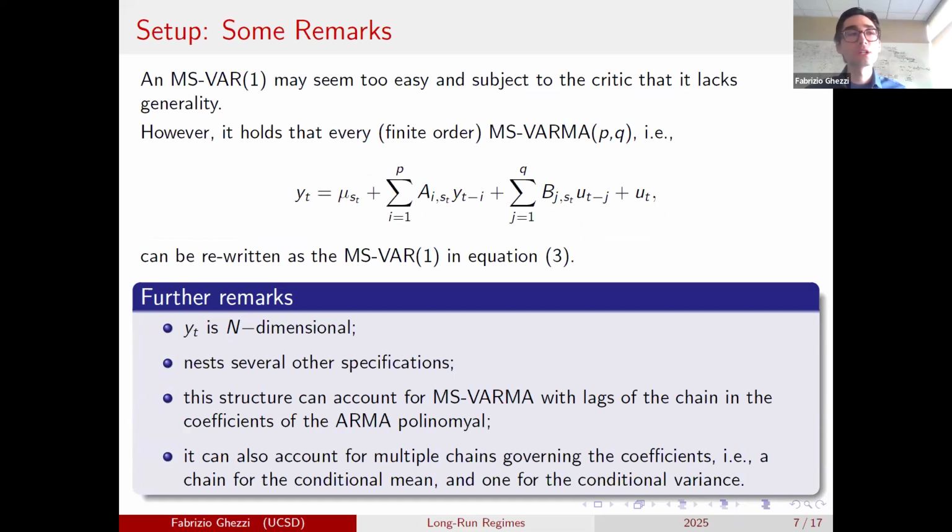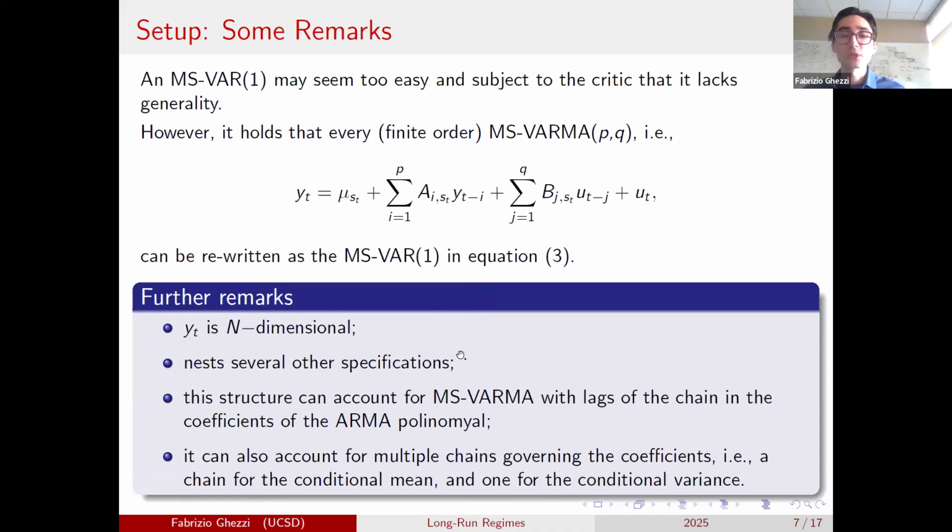But actually, that is what you need, because you can see that as a representation, the companion form of a more complex model, like an MS with VARMA model. And then it's n-dimensional, so not only one series, it is not scalar. You can have many series.